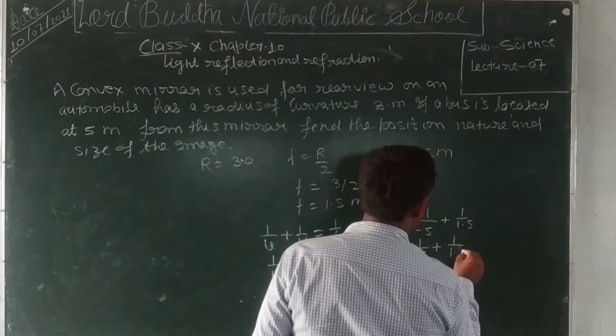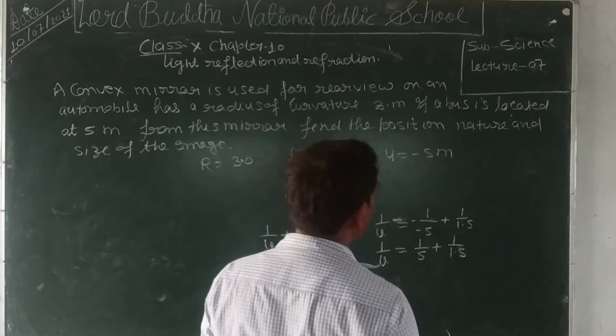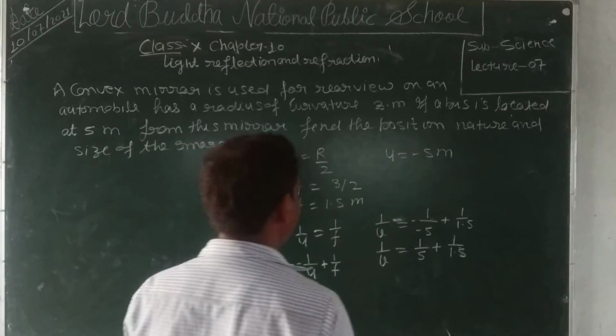1/1.5. The LCM of 5 and 1.5 will be 7.5.